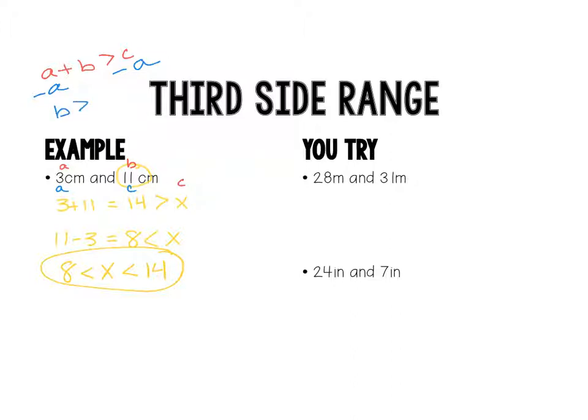So B has to be greater than C minus A. So now I want you to try 28 and 31 and 24 and 7, and then we'll go over them.